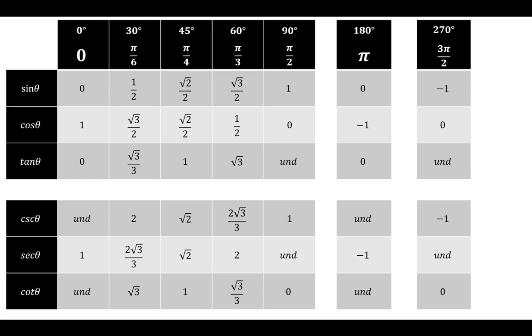So we also should acknowledge that even though this table is complete, there are a lot of values in between 90 degrees and 180, and 180 and 270, and 270 up to 360, or even beyond that.